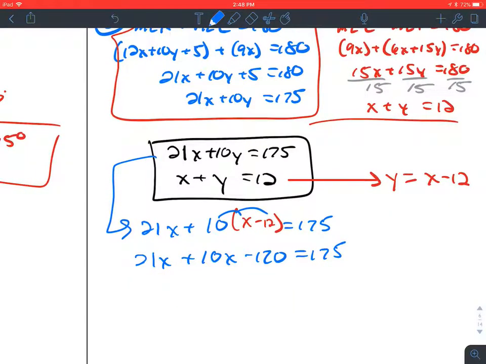Combine like terms, 21 and 10. I think I made a mistake someplace. Hold on a second. I did. I apologize. This should be 12 minus x, not x minus 12. I'm sorry.